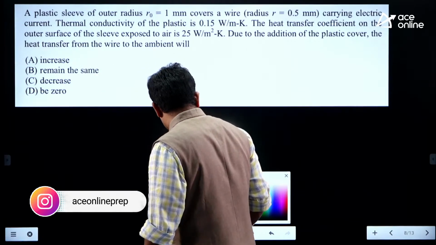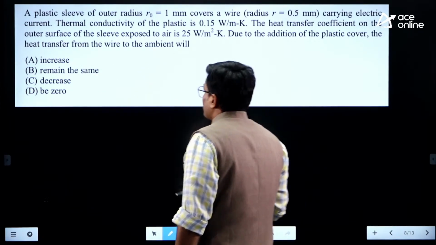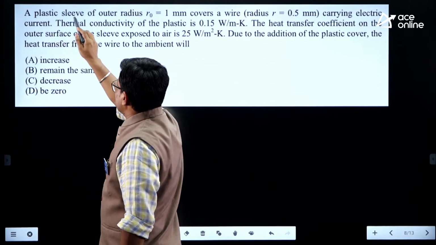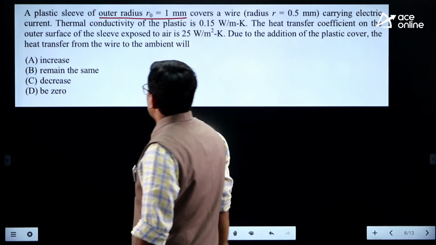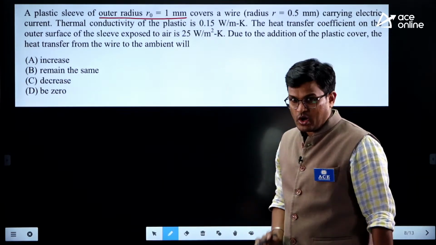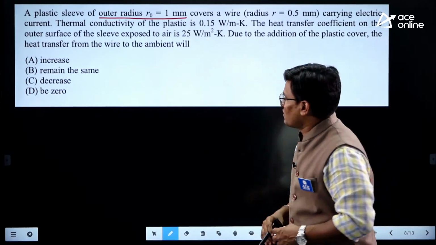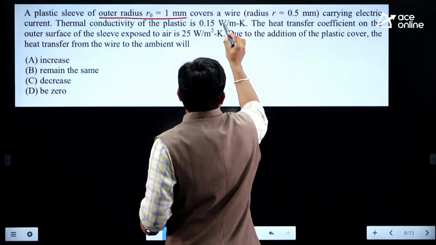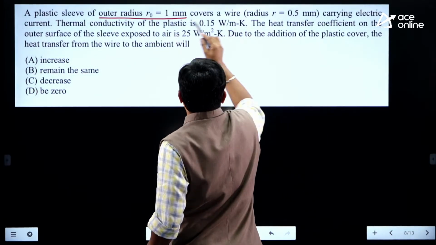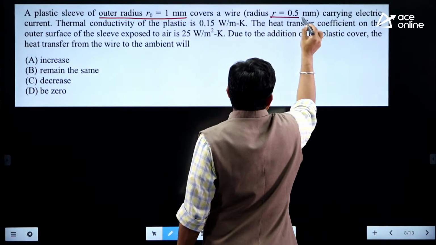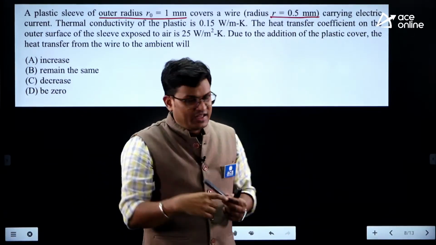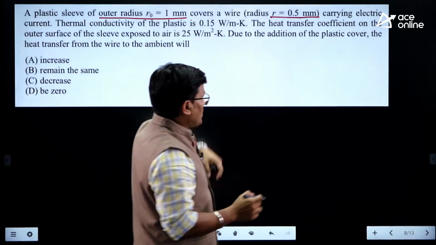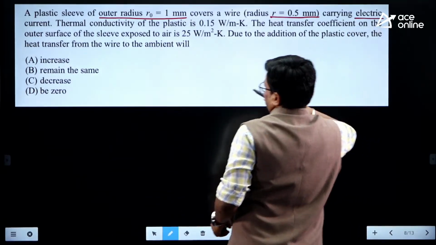A plastic sleeve of outer radius 1 mm covers the wire, and the wire radius is 0.5 mm. It means there is one wire, this is the electric current.